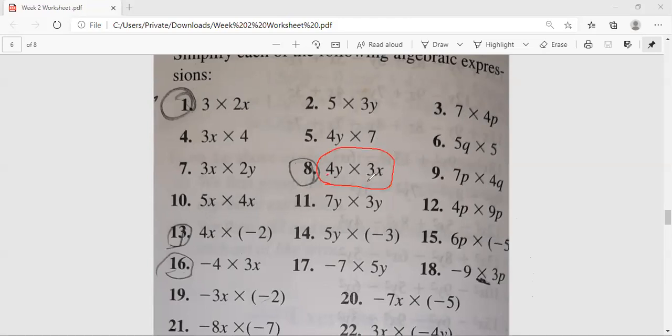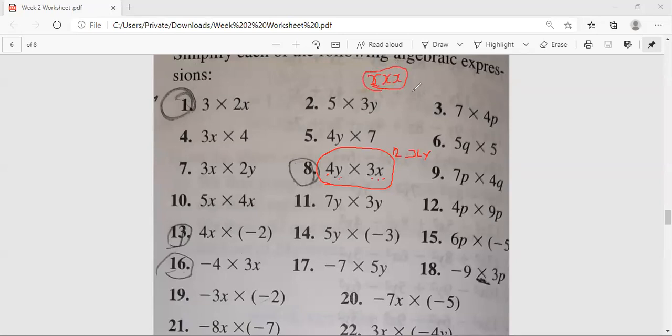We multiply the numbers. We get 4 times 3 gives us 12, and then the letters come together. So remember, we only get powers when 2 or more of the same terms are multiplying each other, right?